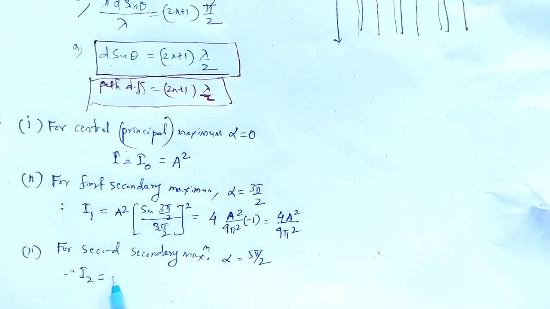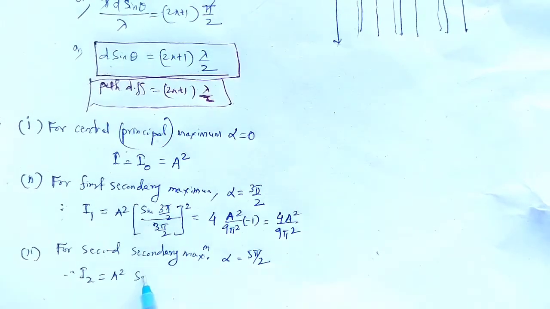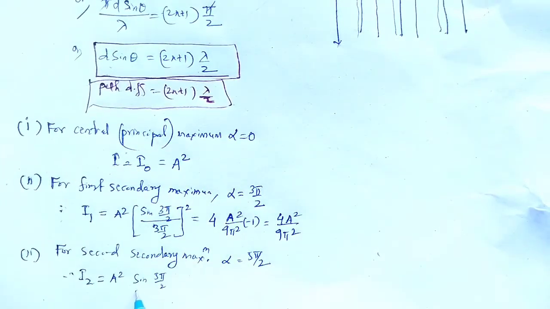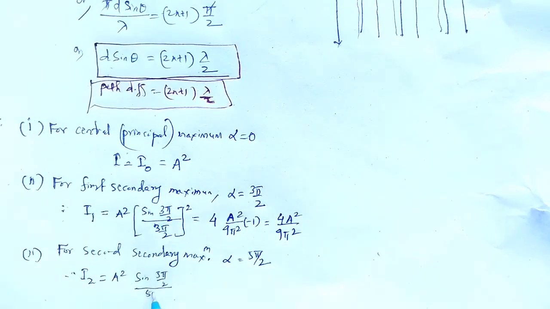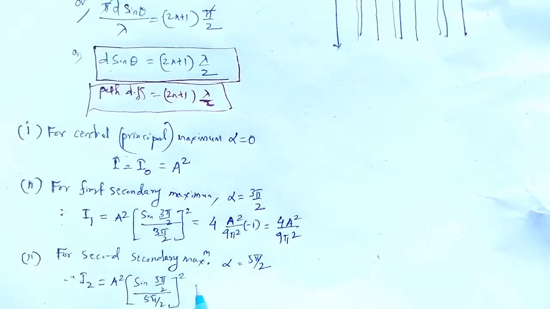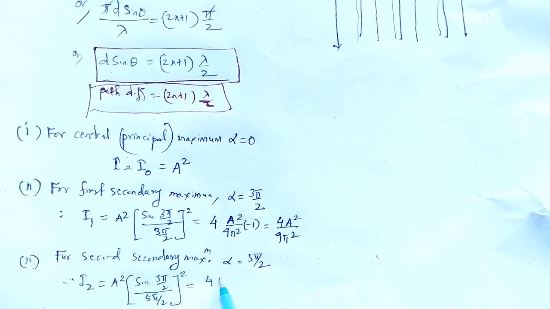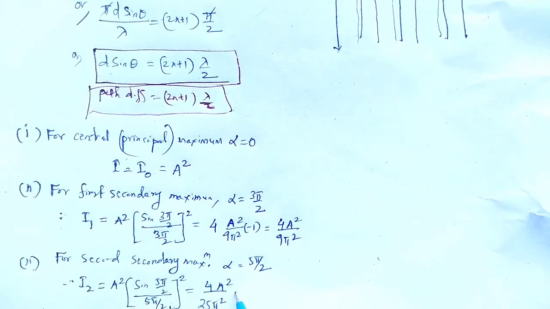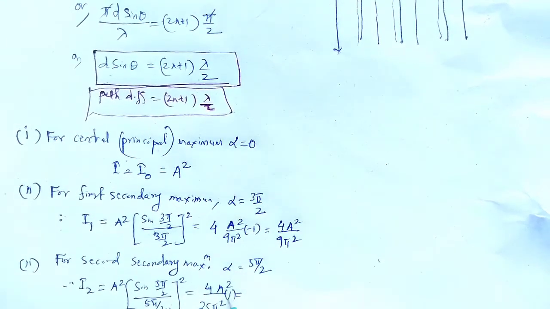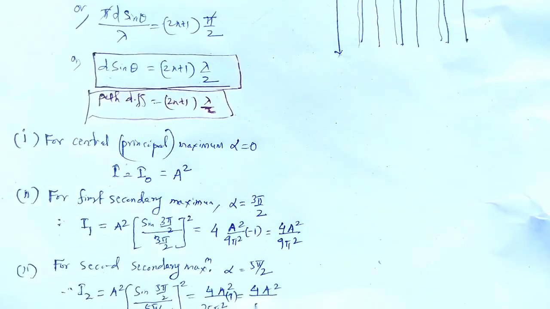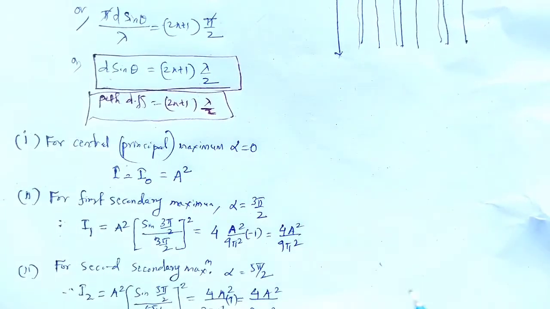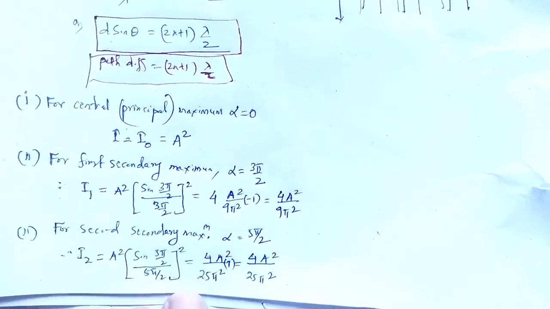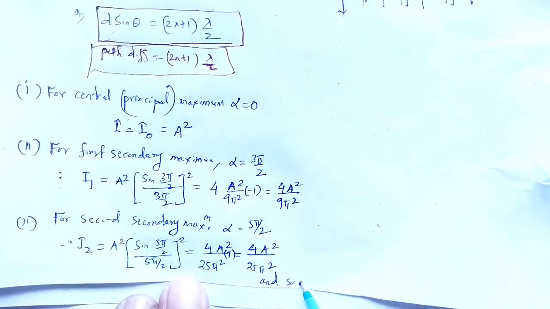Therefore I2 is equal to a square times sin 5 pi by 2 divided by 5 pi by 2, whole square. So we have 4 a square divided by 25 pi square, since the sin value of 5 pi by 2 is equal to 1. We have 4 a square divided by 25 pi square, and so on it carries forward.